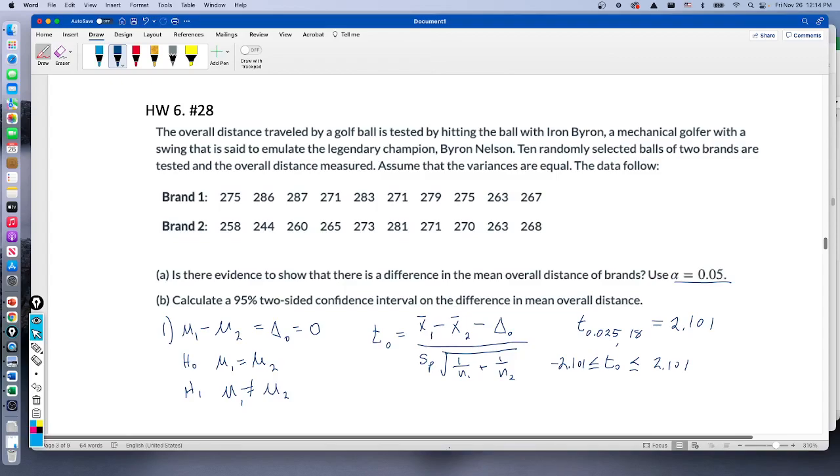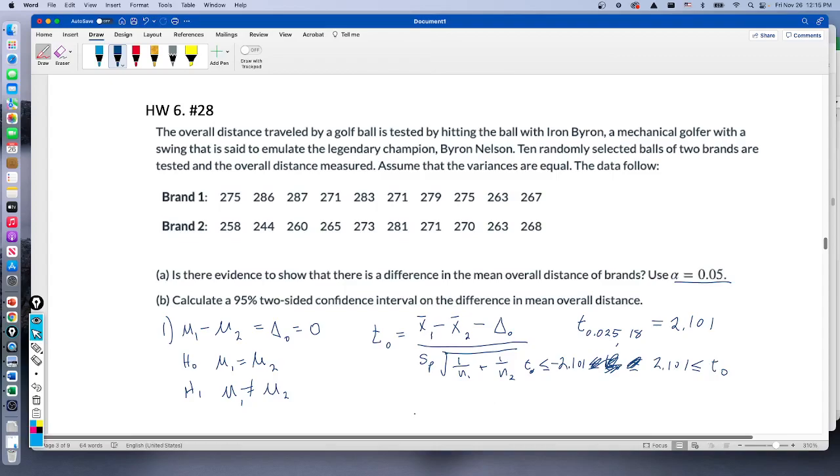Or that's kind of a wrong way. Actually, t naught's not in the middle. T naught would have to be less than this, you know what I'm trying to say, or it would have to be greater than this. What I did is sort of like a confidence interval thing, but we either need to be greater than the positive side or less than the negative side.